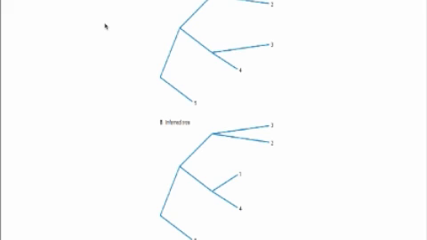You can also draw a tree such that the length of the branch represents the amount of evolution that has happened in that lineage. So organisms that evolve more rapidly get a longer branch than organisms that evolve slowly. HIV, for example, would be at the end of an incredibly long branch compared to humans, which evolve much more slowly. So what you do in these cases is you change the length of the branches.